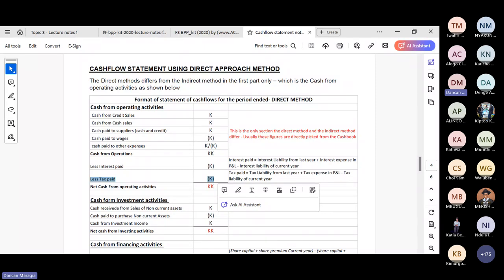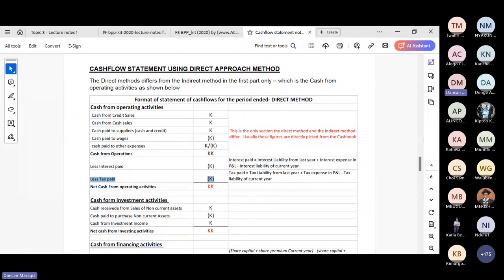Like when preparing the statement of profit or loss, sometimes you are given expenses directly on the trial balance. If you pick them and take them to the statement of profit or loss, automatically you score some marks. But if you take your expense to the statement of financial position, already it becomes problematic.